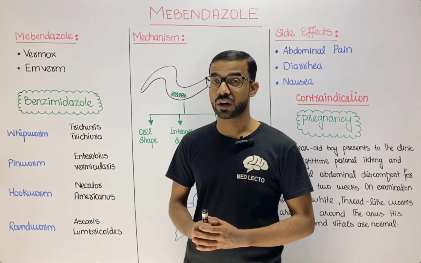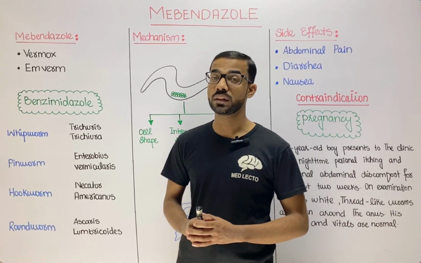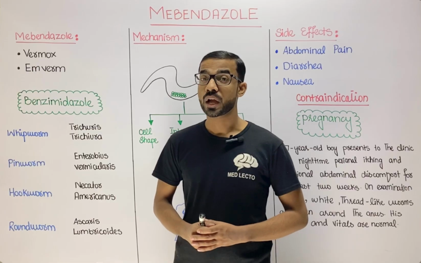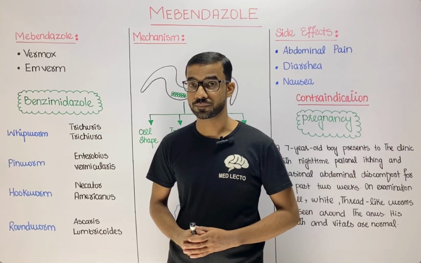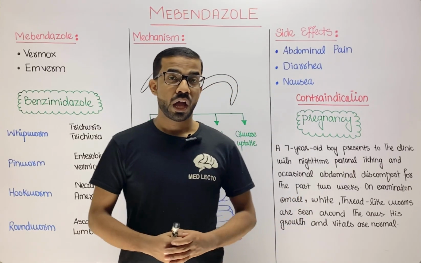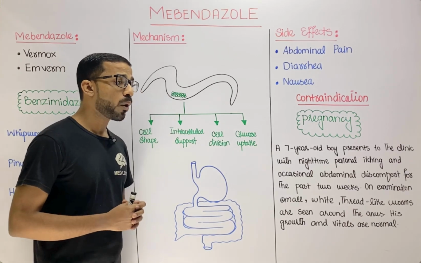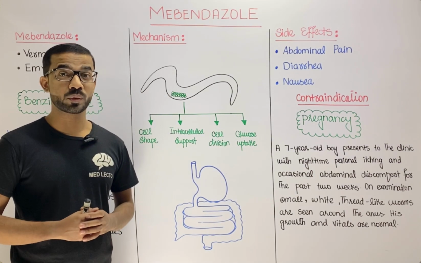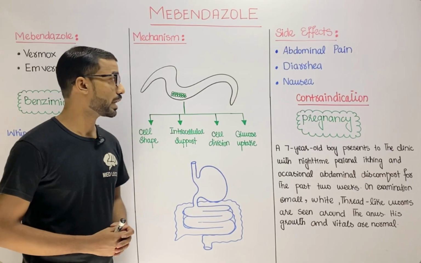So this drug is used against all these types of worms that can be present in the gut of the human. Now we will see the mechanism of mebendazole in killing these worms.